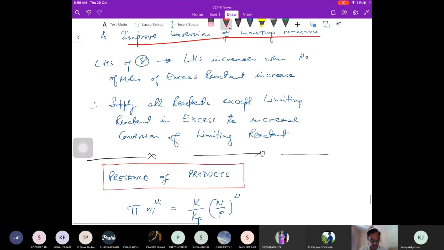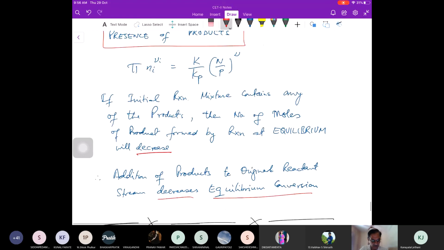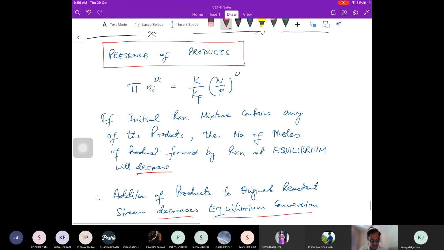Okay, so let's see what is the effect of products. Again, the same thing. Equation same ही है.